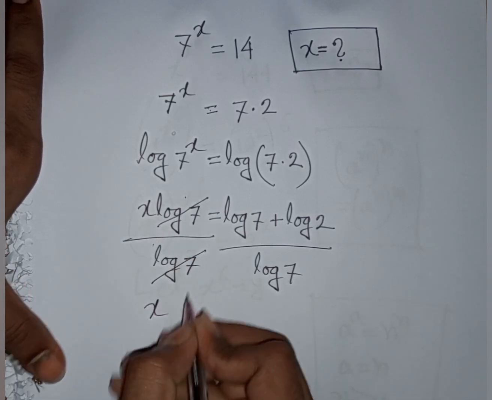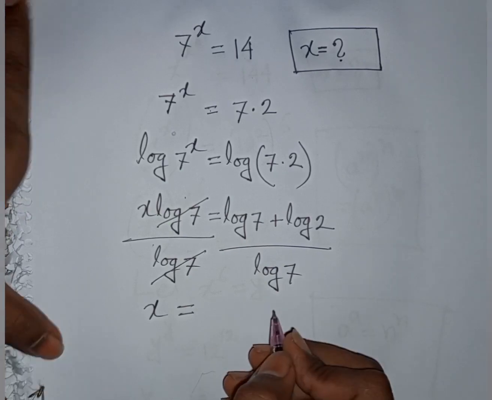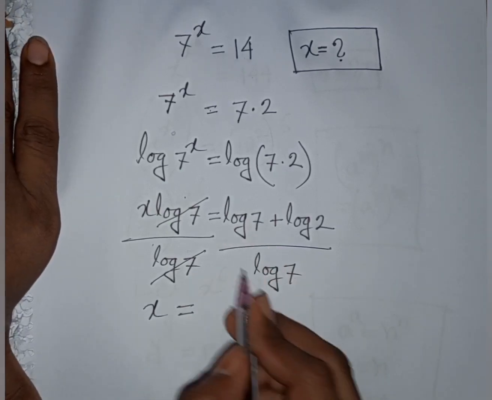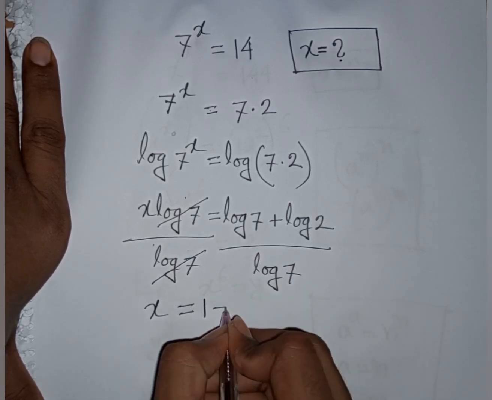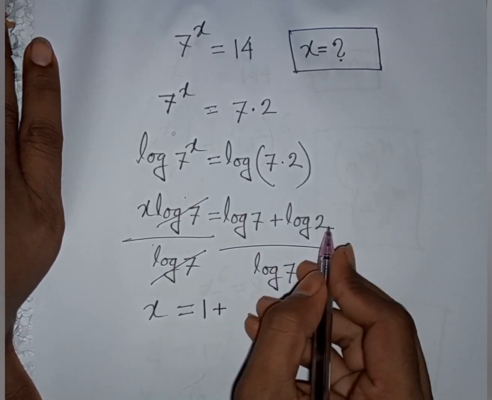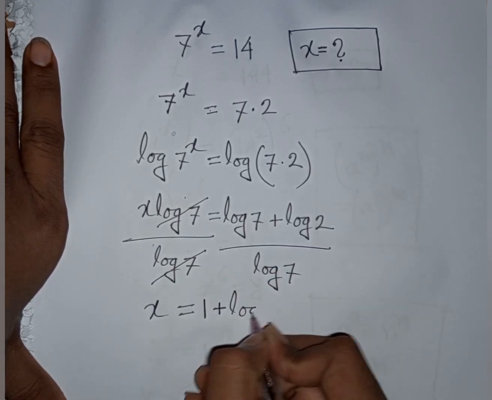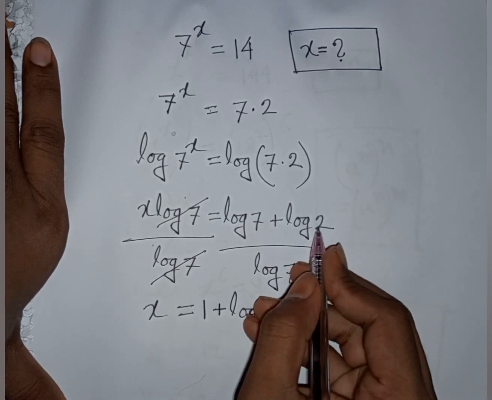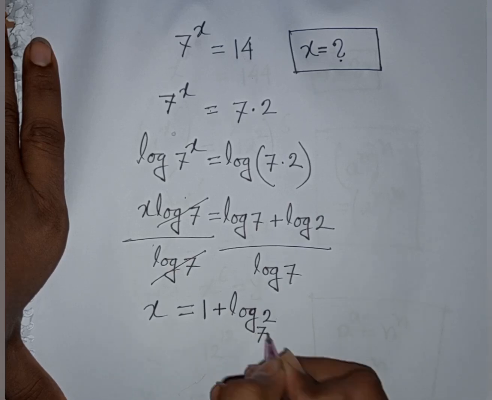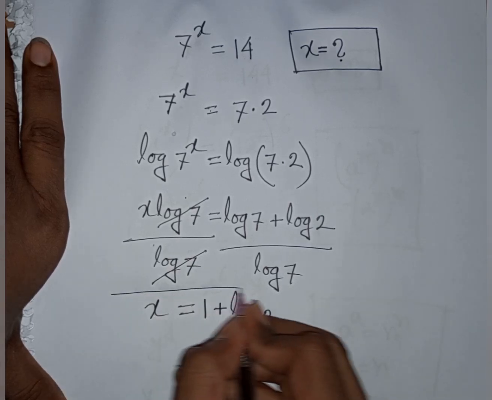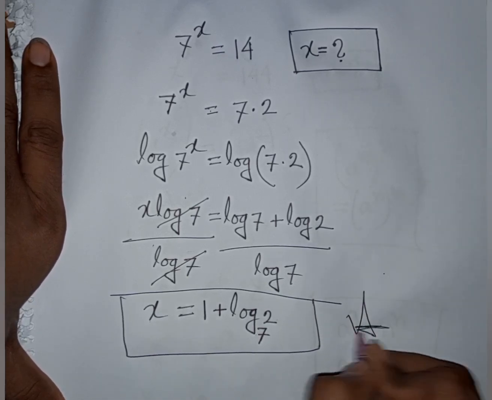So here x will be equal to this divided by this, that means log 7 over log 7, that means it will be 1 plus log 2 over log 7, that means it will be log 2 base of 7. So this is the value of x, so this is our final answer.